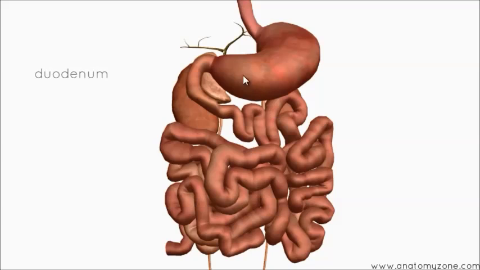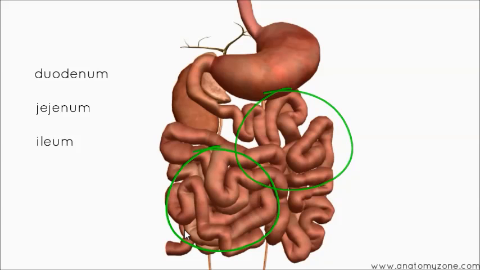The first part is known as the duodenum, and it's this short little C-shaped part here. And then you've got the second part called the jejunum, and the distal part is called the ileum. It's not really important to clearly mark out the jejunum and the ileum, but you just need to know that the jejunum makes up the second part of the small intestine, and the ileum makes up the distal part, so the third part of the small intestine.